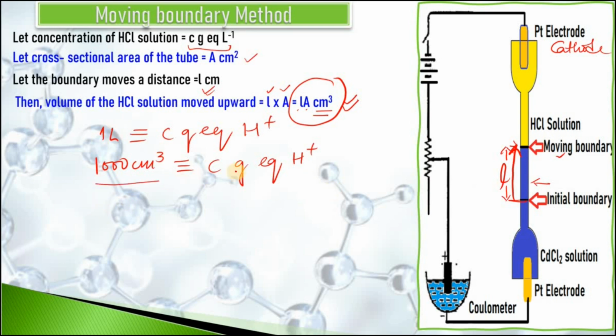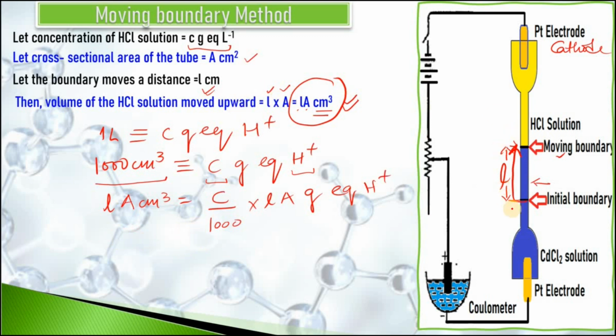That means L into A centimeter cube of solution will contain C upon 1000 into L into A gram equivalent of hydrogen ion. I think this much is clear so far.